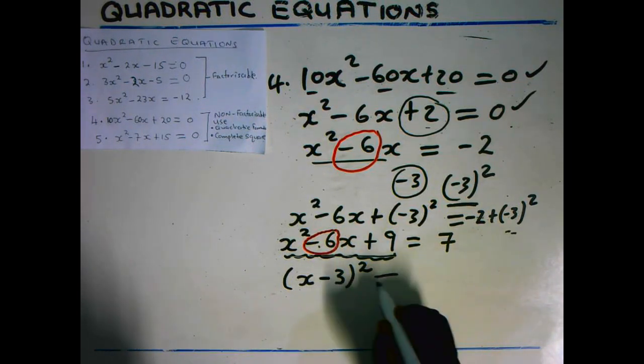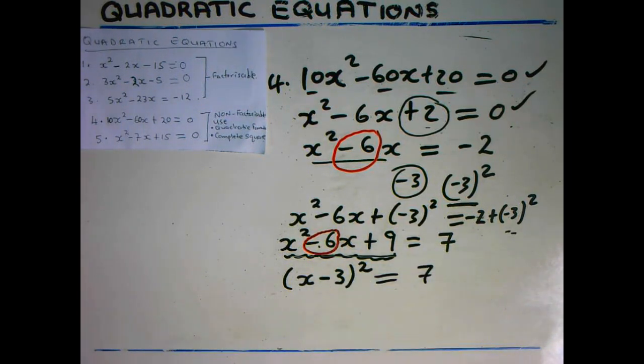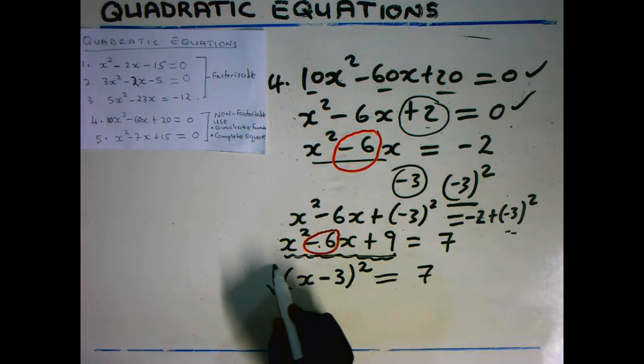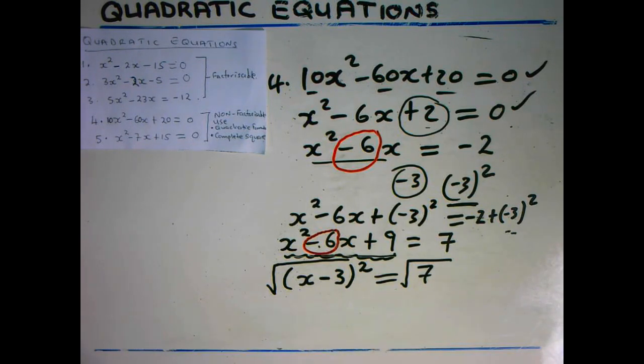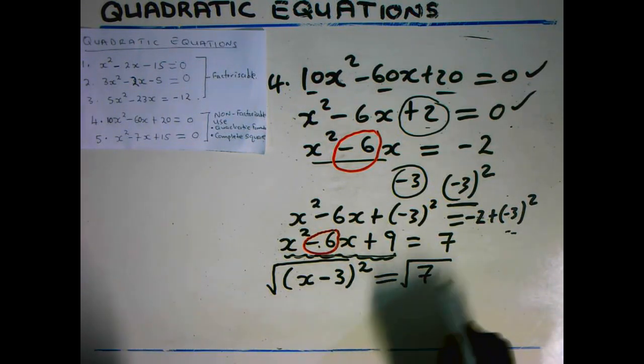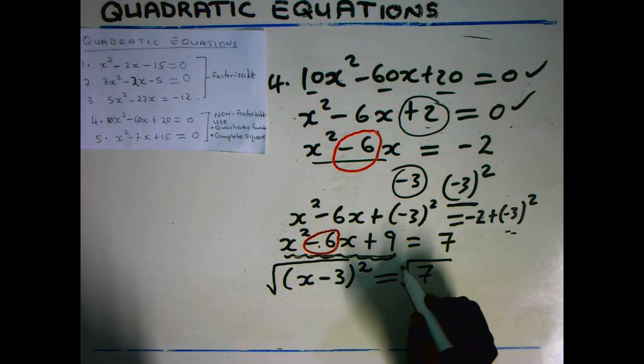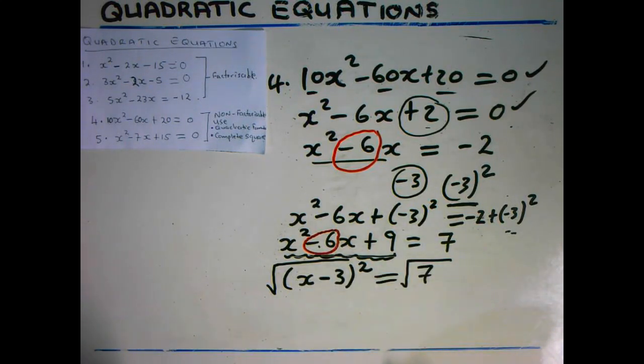So this is equal to 7. So you take the square root on either side. But take note that when we take the square root on the constant term on your right, you must always introduce plus or minus. I know many students miss that part.